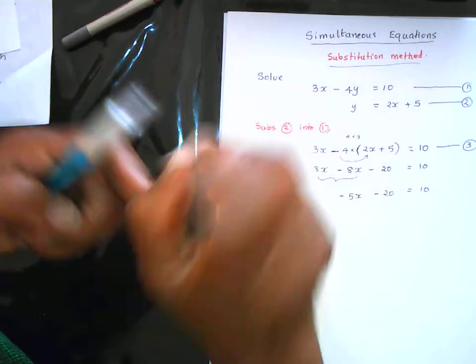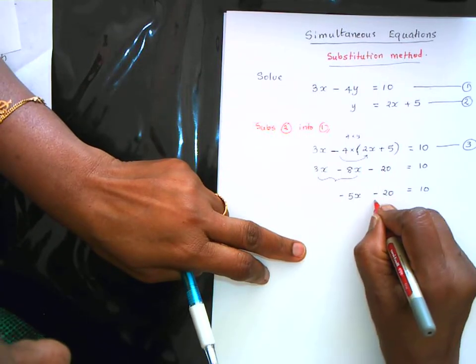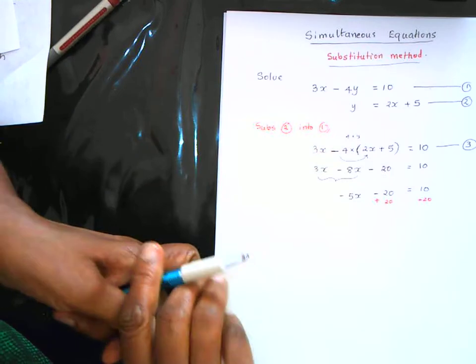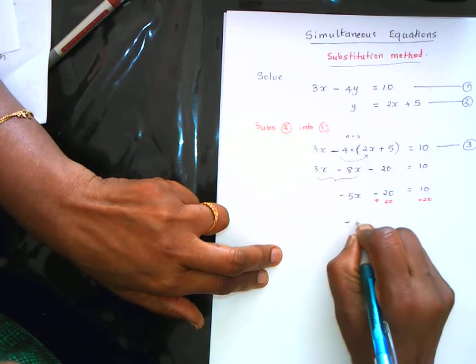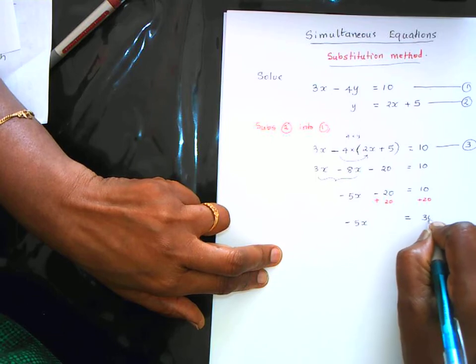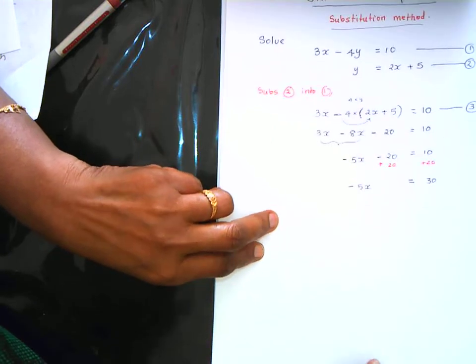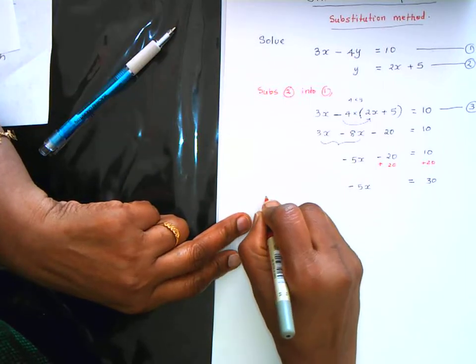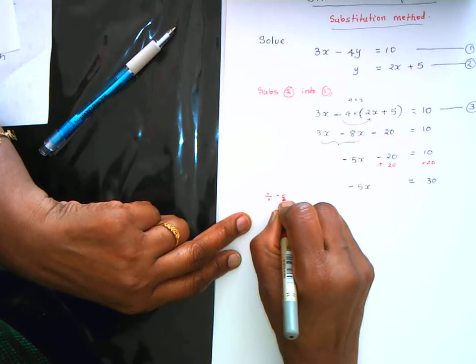So now I'm going to do plus 20 both sides, which means that becomes minus 5x equal to 30. Now we want only x, so I'm going to divide by minus 5 both sides.